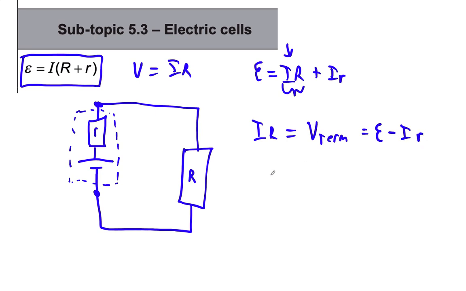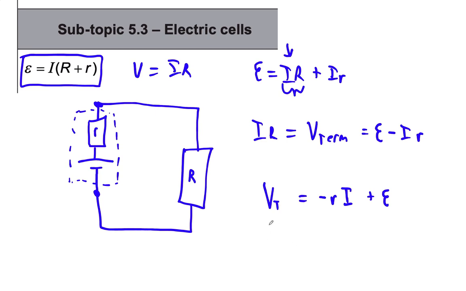So what I'm saying is if I attach a voltmeter to a battery and draw different amounts of current from it, I ought to get something that looks like this. The terminal voltage is going to be negative r times I, plus the EMF.